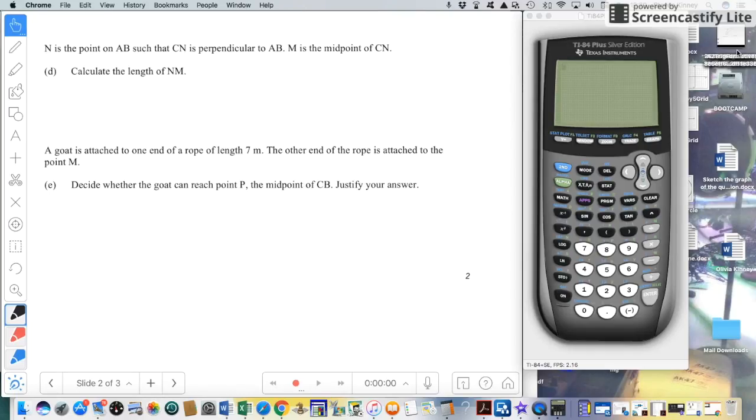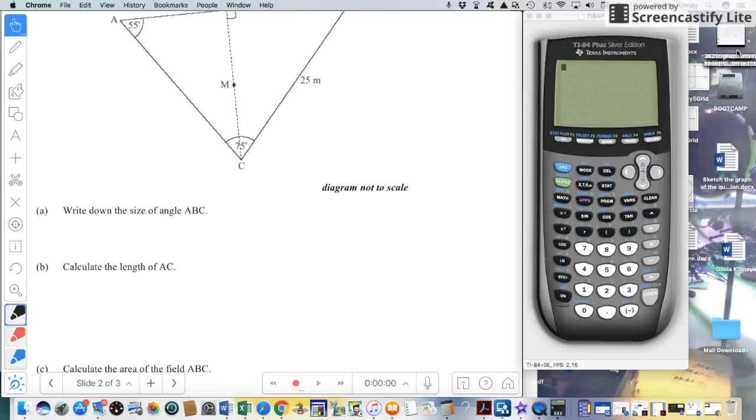Wow. All right, back to the goat problem. The goat is attached to a length of rope that's 7 meters long. The other end of the rope is attached to point M. Decide whether the goat can reach the midpoint of CB, which we're going to label P. All right, so the goat is attached to M. He's got a tether that's 7 meters long, so that's like a circle with a radius of 7.